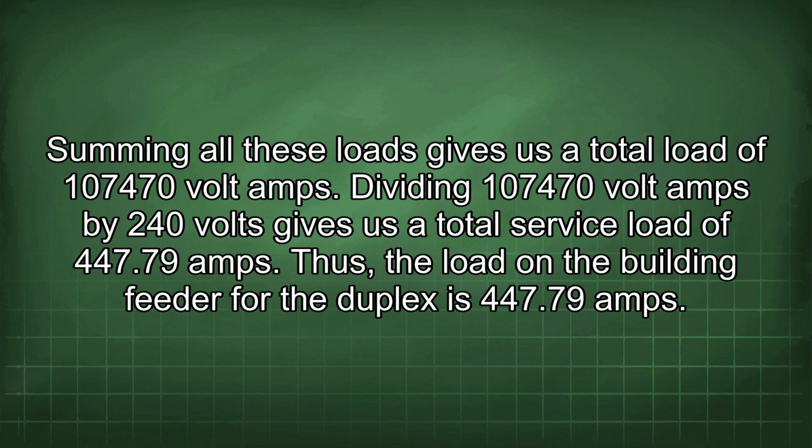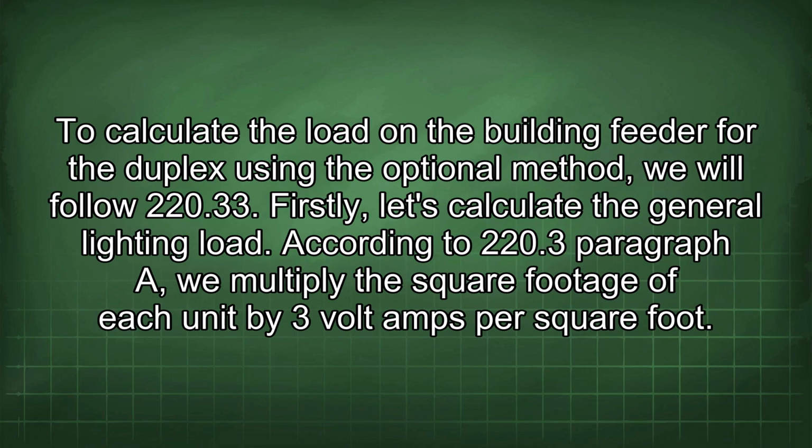Dividing 107,470 volt amps by 240 volts gives us a total service load of 447.79 amps. Thus, the load on the building feeder for the duplex is 447.79 amps.